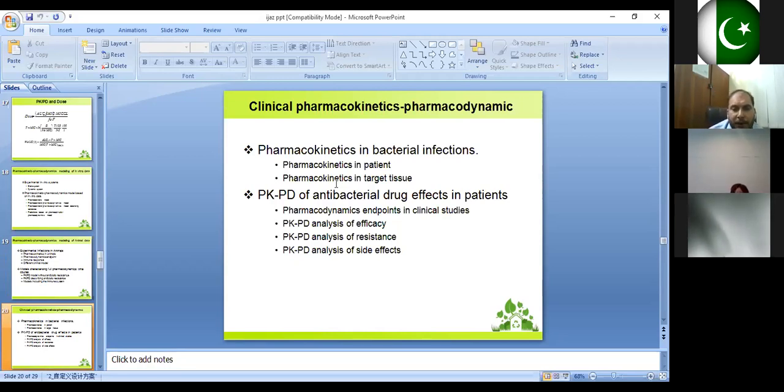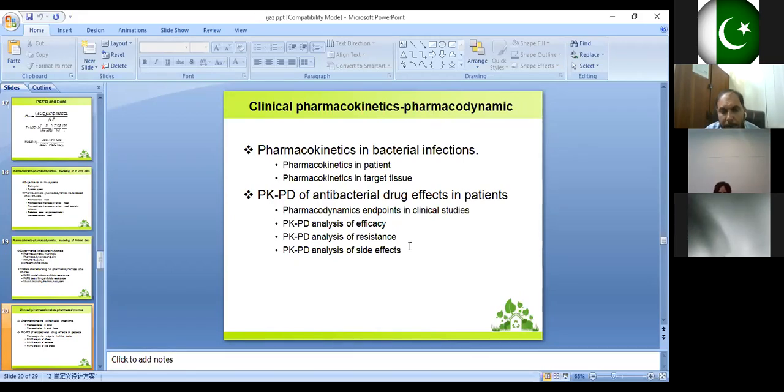Clinical PKPD is also the same when we are using the disease model. For the disease model we will produce the bacterial infection or microbial infection, and after that we will use the dose which was optimized with the help of that PKPD modeling. And also, due to the disease model, we will know better about the drug concentration in the target tissue.